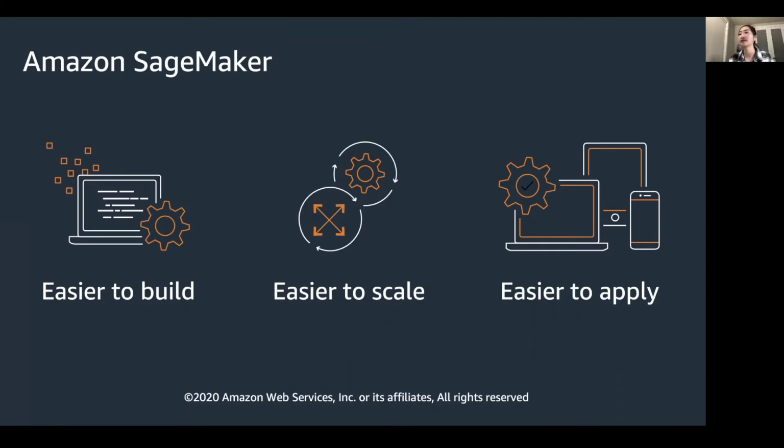It also provides common machine learning algorithms as well as Ray and RLlib for reinforcement learning, and I will elaborate that a little bit more later on. You can deploy an RL model into a secure and scalable environment by launching it with a few clicks. So in a nutshell, we are making it easy for you to build, scale, and apply your RL model in practical.